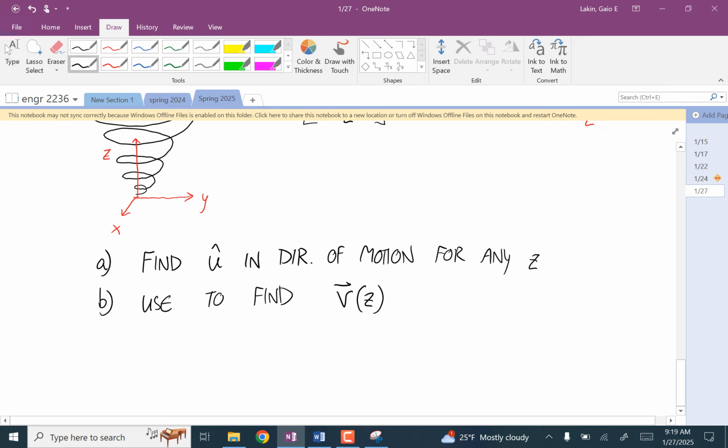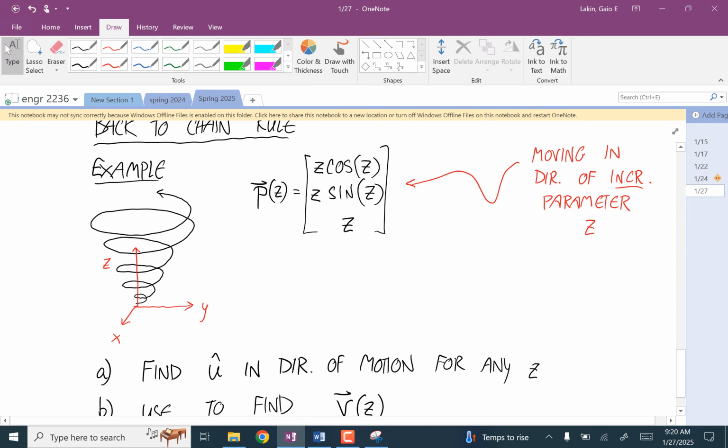Then once we have the velocity as a function of z, we're at that point where we can use that chain rule approach. So at that point, we want to find the acceleration as a function of z using the chain rule. One thing I haven't given you here yet is a speed for this. You always have to have some representation of the speed. Let's just go with a constant speed. Okay, so we'll say that the speed always is 5 meters per second.